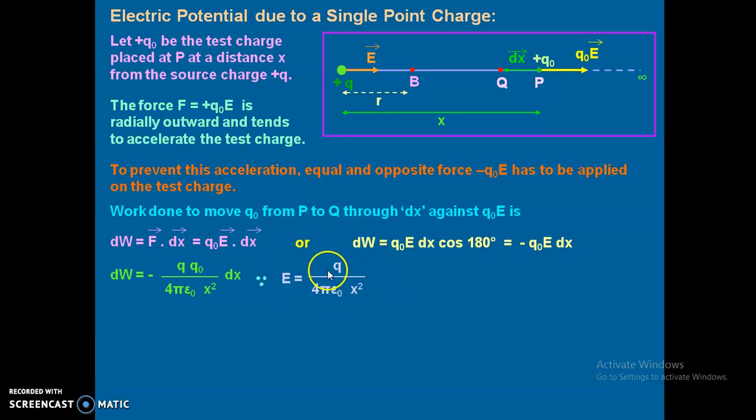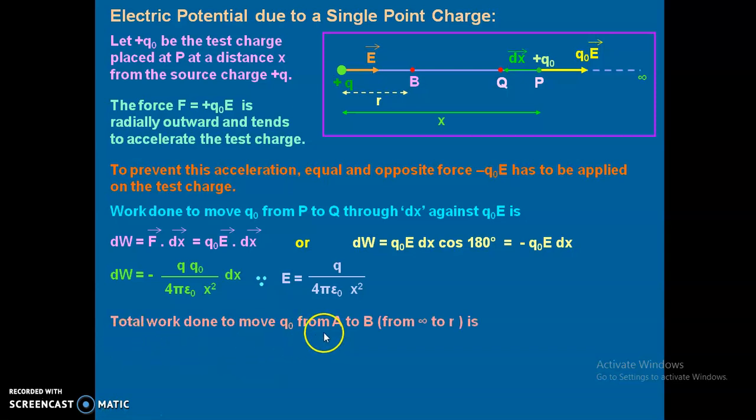The value of E is equal to q upon 4 pi epsilon naught x square, because at a distance x the electric field due to this charge will be 1 upon 4 pi epsilon naught q by x square, right? So we can write the expression like this.